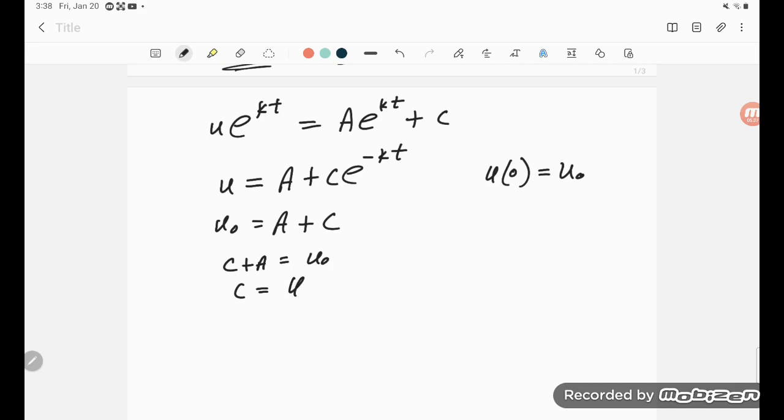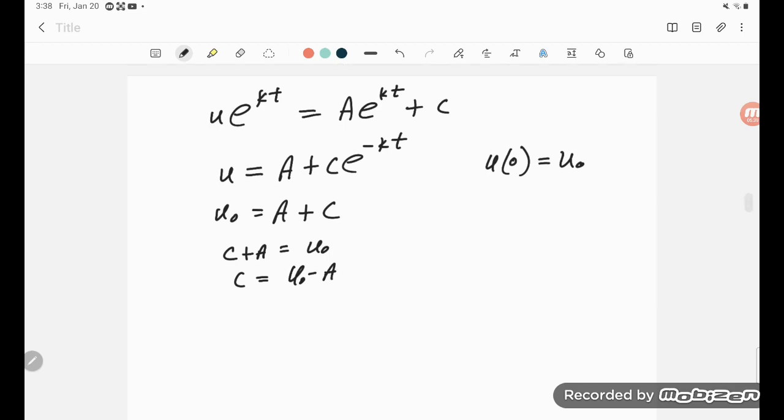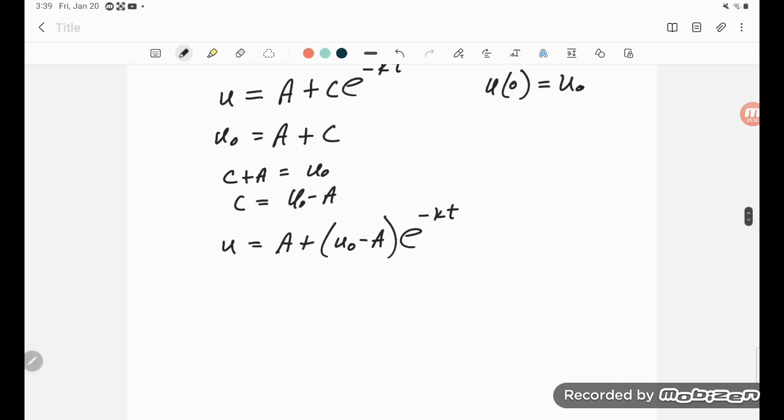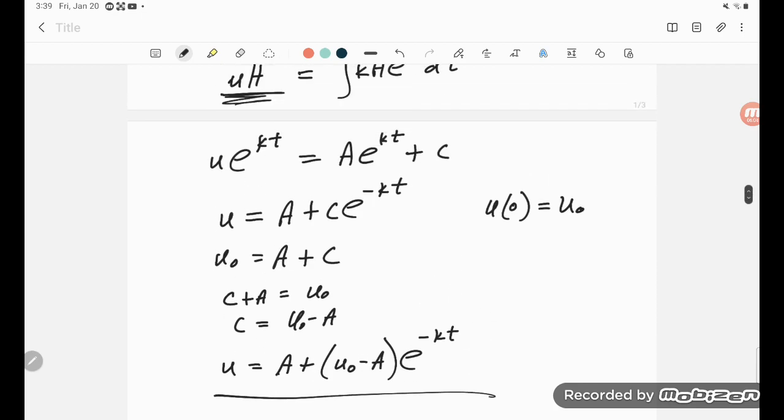C equals u0 minus A. And so u is A plus (u0 minus A) e to the minus kt. Now, we'd need more information. We'd need another point in time to find k if it's not given to us. Okay? But there's our answer. I never have to do this again.